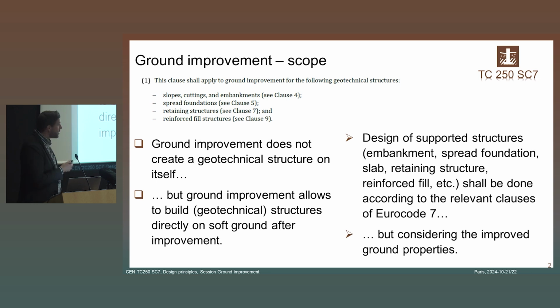Thus, we have to consider the improvement of the soil properties, but the design of the geotechnical structure in itself, relying on this ground improvement, is to be performed according to another clause.